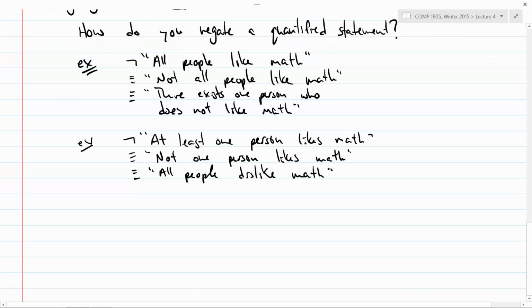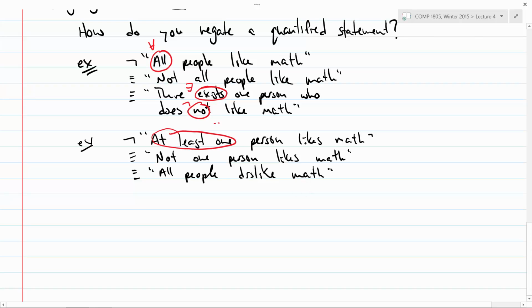So in the first example, we had an all, right? And remember, all means for all. And what we ended up with was there exists and a negation. In the second example, we had at least one.